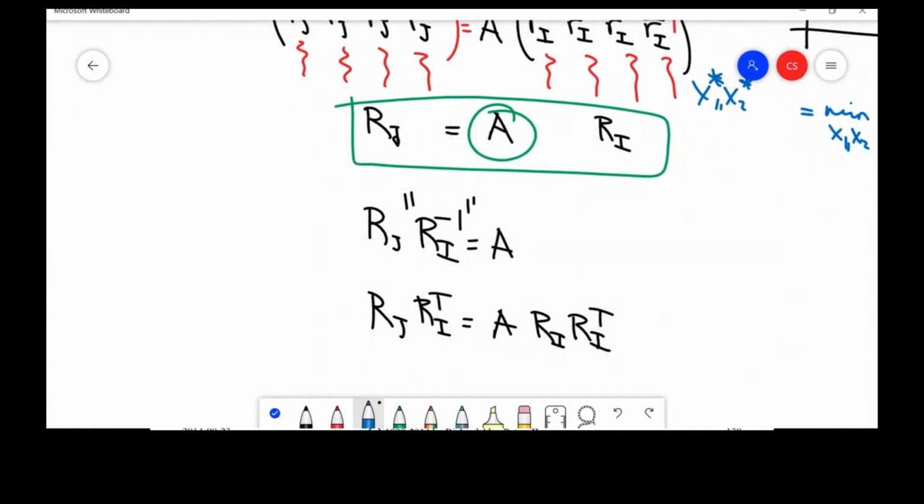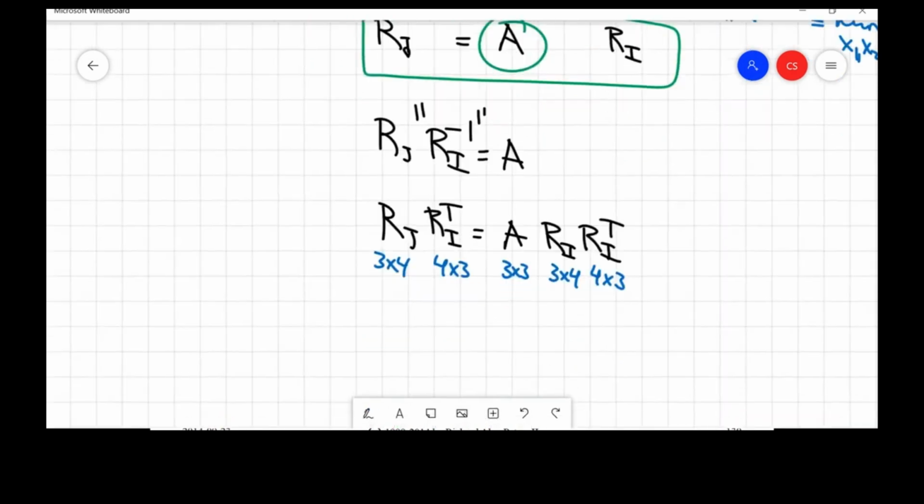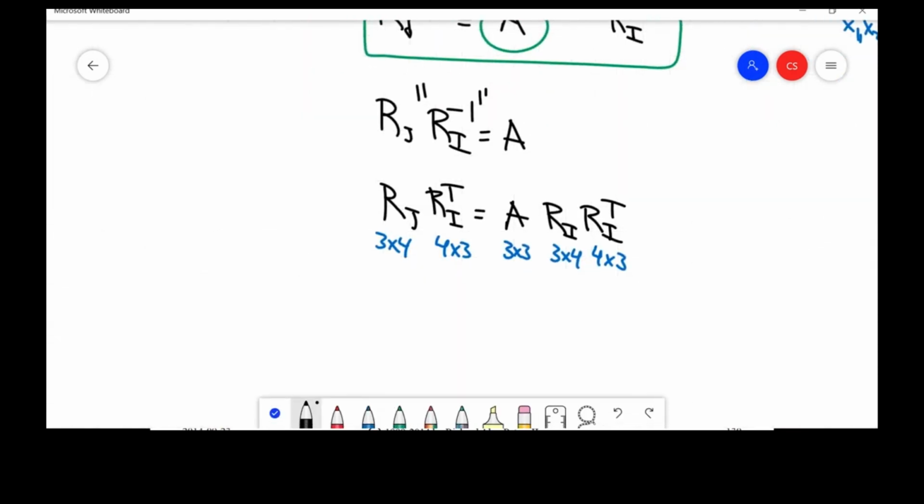So now the sizes are 3 times 4, this is 4 times 3, this is 3 times 3, this is 3 times 4, and this is 4 times 3.